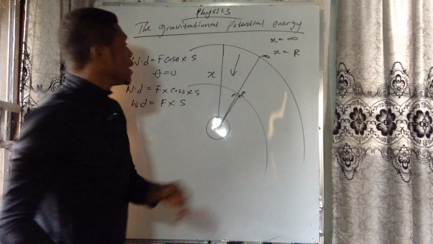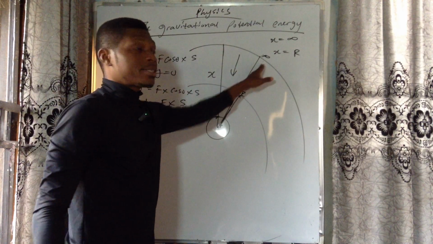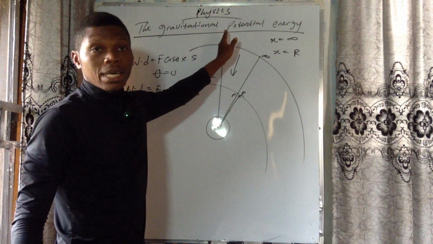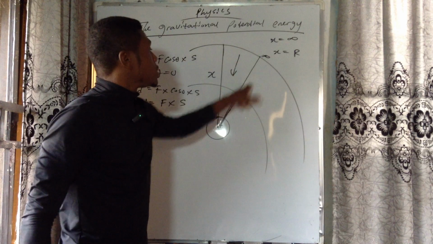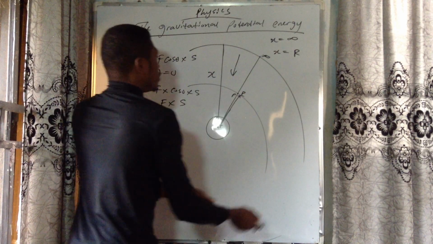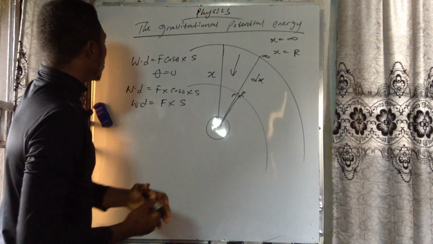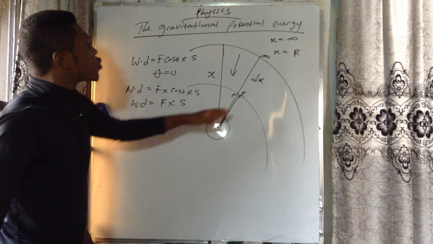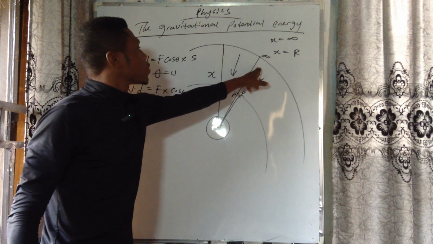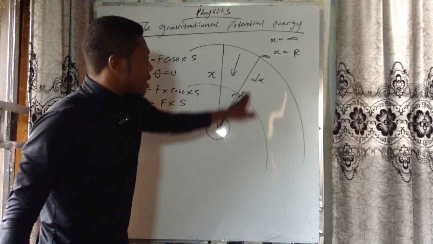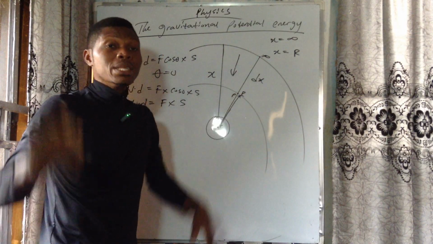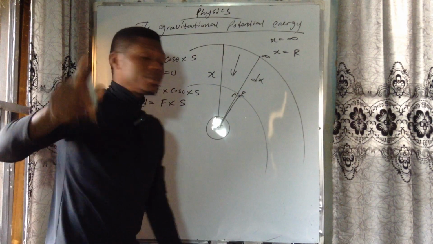In this case, there is a change in X, the distance X. From here to here we call a change in X. Summing up all these little changes in X, we need the integral, the definite integral.